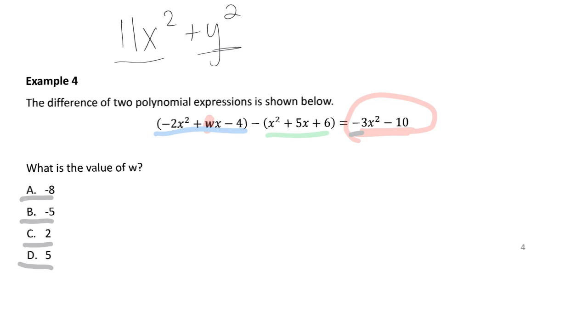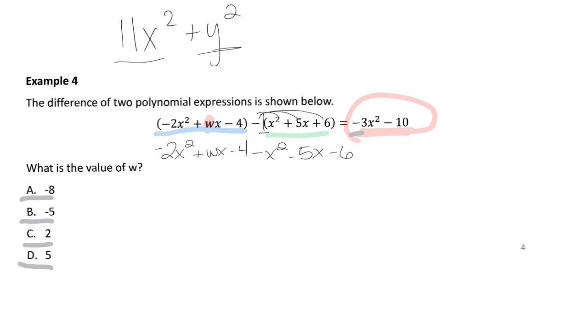So again, there's that implied 1 there that we have to distribute. So I'm going to leave this first polynomial as 2x squared plus wx minus 4. Distribute that 1 to everything in the parentheses. Minus x squared minus 5x minus 6.